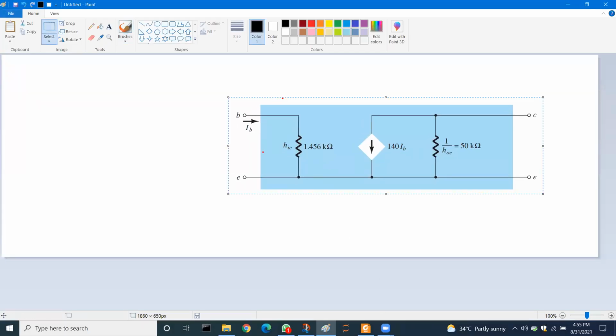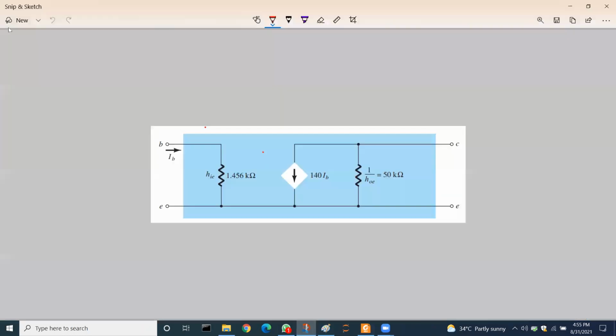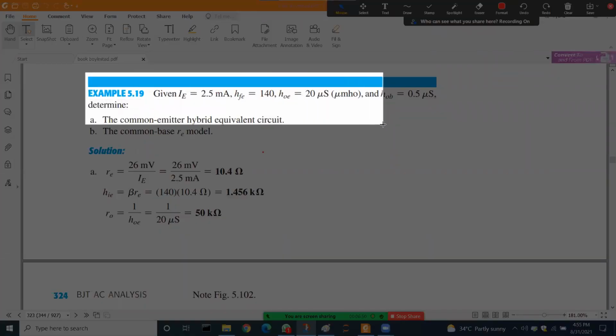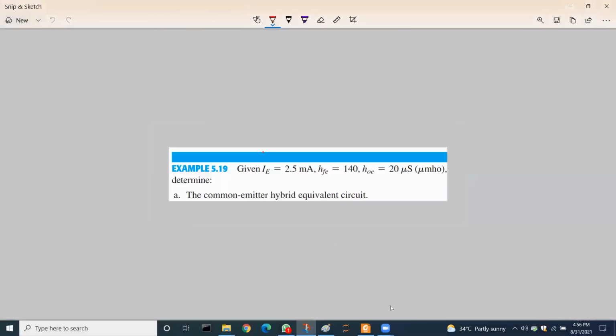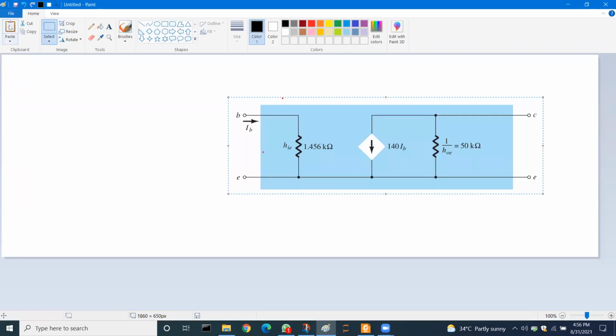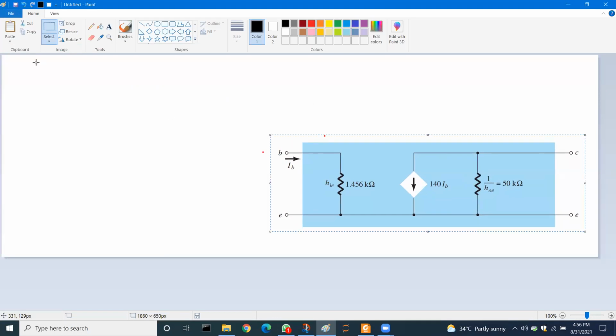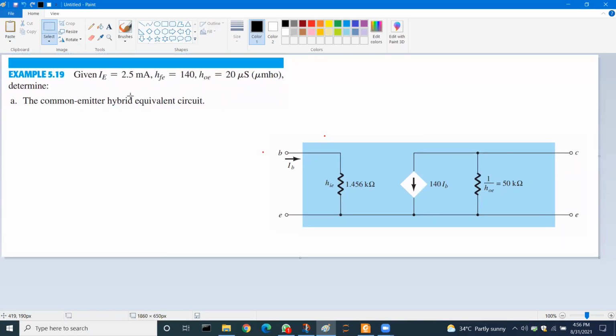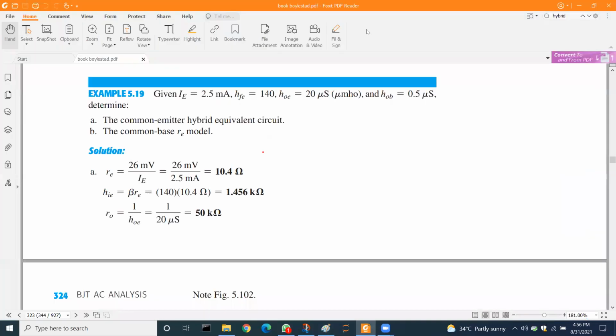Okay, this is the structure. This is the given values. This is the question. Okay, now I take the calculation as well.